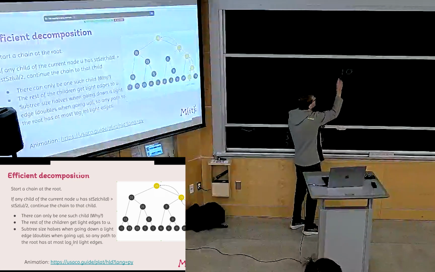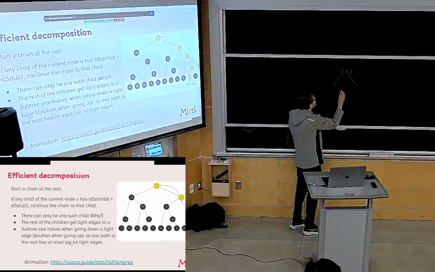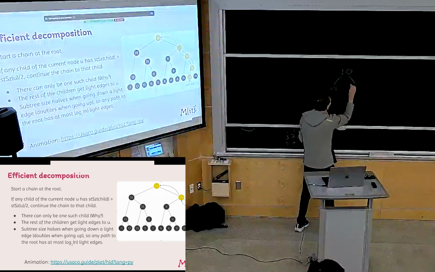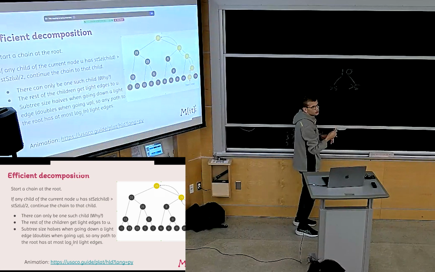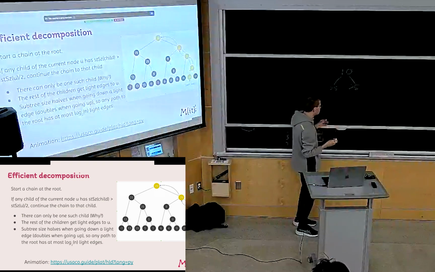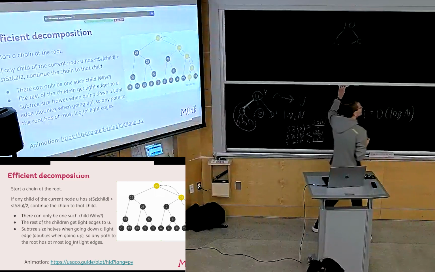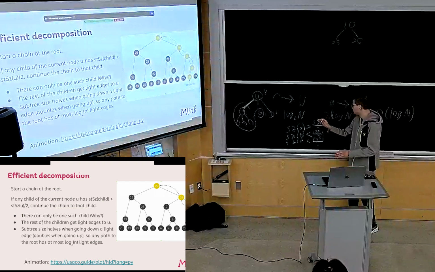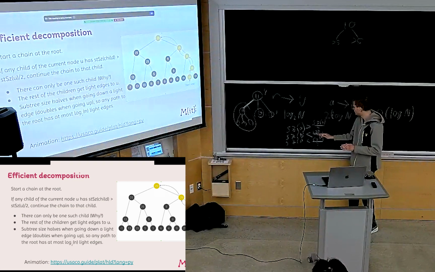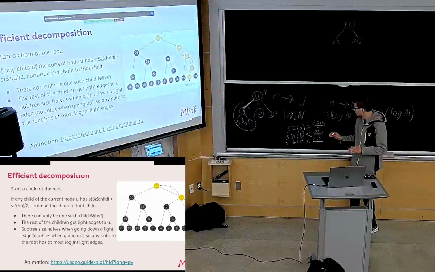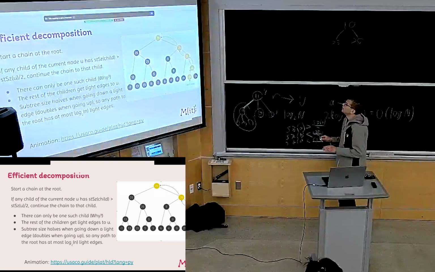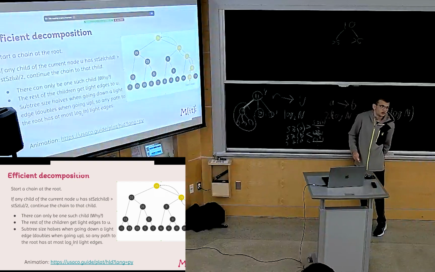How do we split 10 into two different numbers such that both are greater than 5, but their sum is exactly equal to 10? That's impossible, right? Okay, yes. So there will always be at most one node whose subtree size is greater than half the original subtree size. That one will get the heavy edge. We don't really pay a cost for that one. And everything else will get a light edge. That's where all of the light edges will come from. And then we repeat this for all of the nodes in the tree.